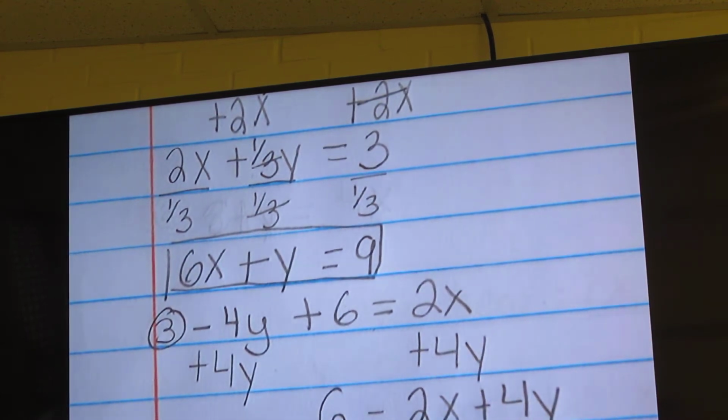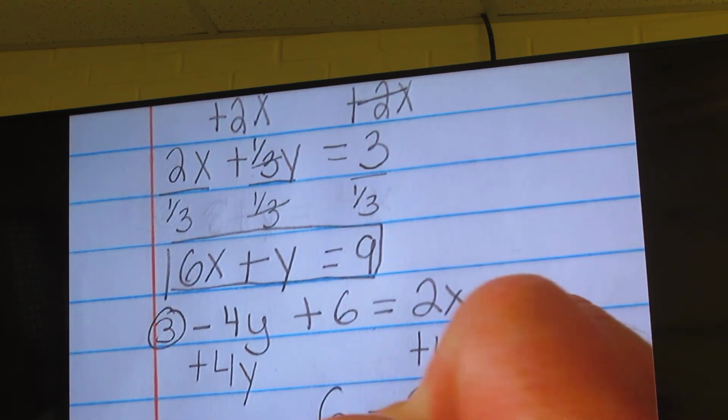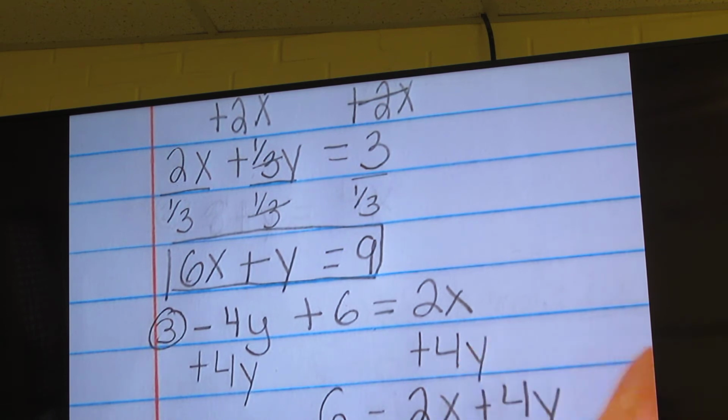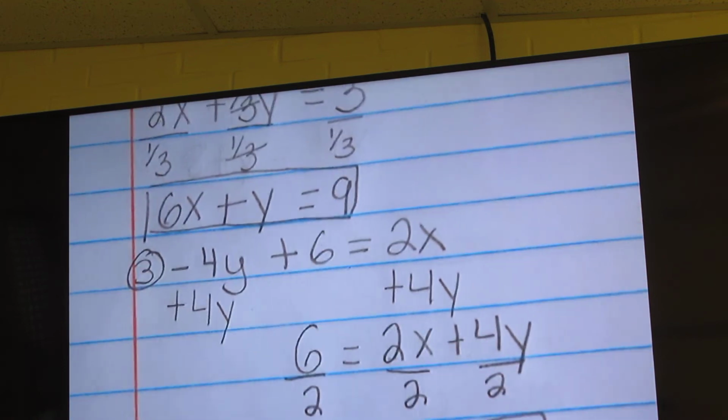Now your x term is not negative, and we don't have any fractions, but we do have a GCF other than 1. 2 can go into 2, 4, and 6. So we're going to divide everything out by that GCF of 2, and get 3 is equal to 1x, or just x, plus 2y.